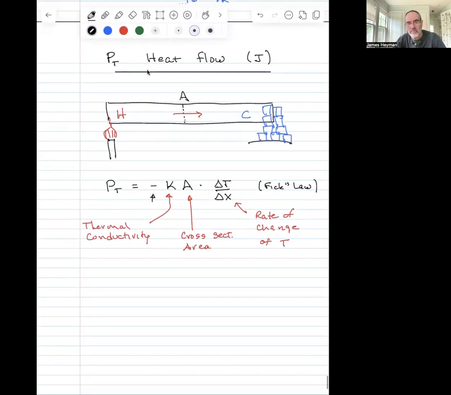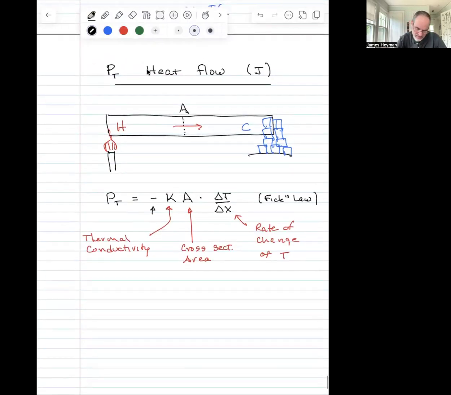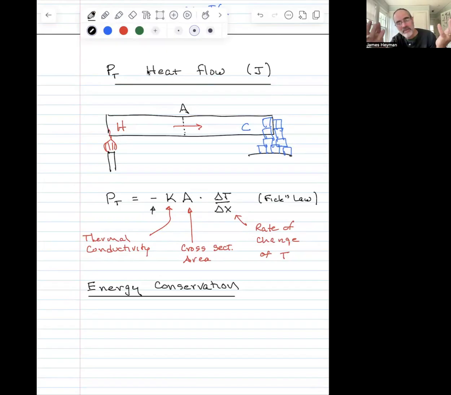All right. I have one more result I want to share with you. Okay? This is a formula that expresses energy conservation. It's going to express the very obvious result that if heat flows out of an object, from a hot object to a cold object, then the amount of heat left in that object gets smaller.